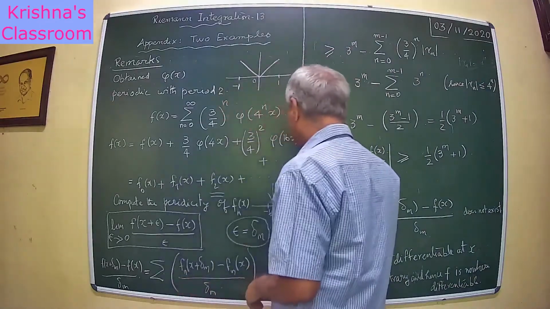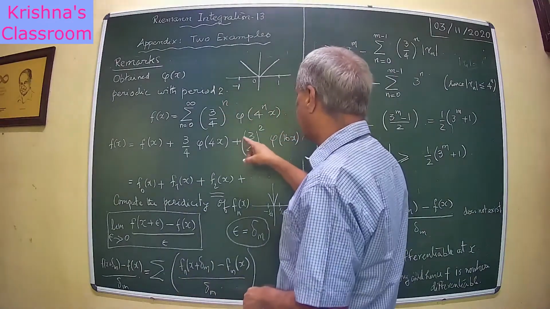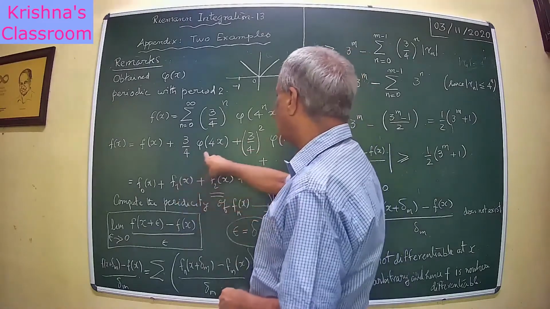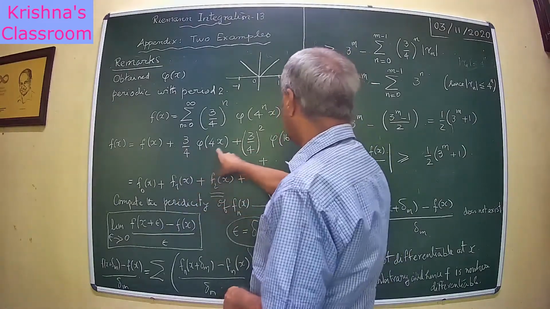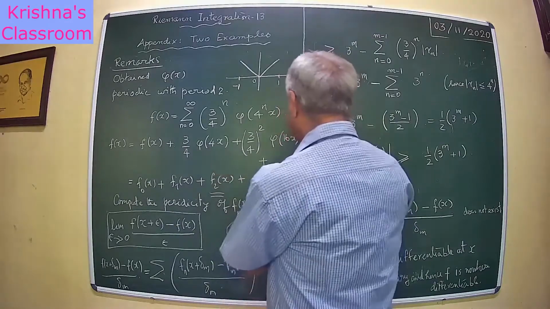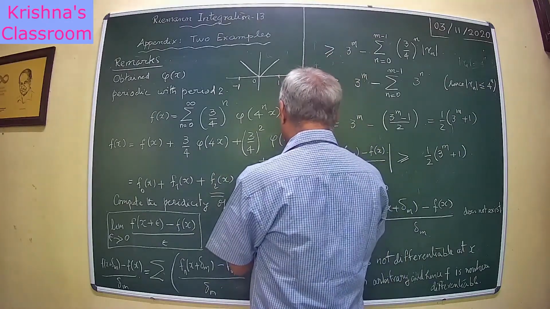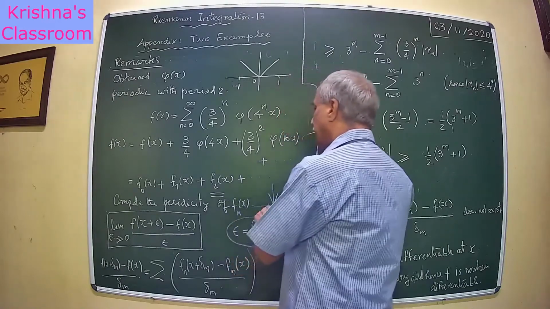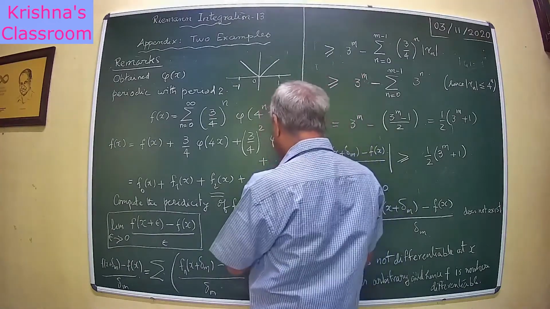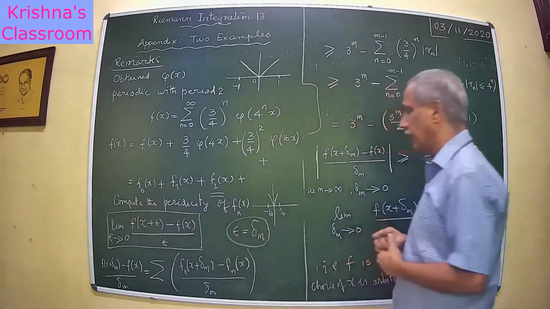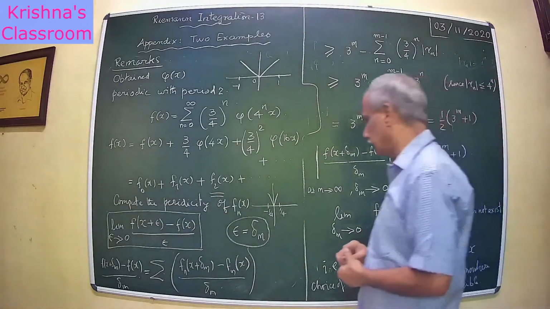If you just take f1, which is (3/4) phi(4x), then the basic function will be defined on the interval -1/4 to 1/4, and with the period 2 it is extended all over the real line. So that's the nature of the function.